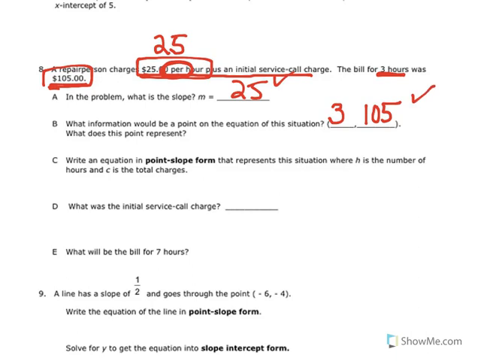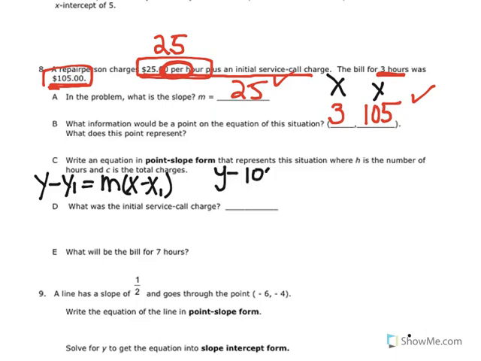So we can use point-slope form to figure out the equation of this line. Remember, point-slope form is y minus y1 is equal to the slope times x minus x1. So let's remember, this is x, this is y. So we're going to do y minus 105 is equal to the slope, which is 25, times x minus 3.